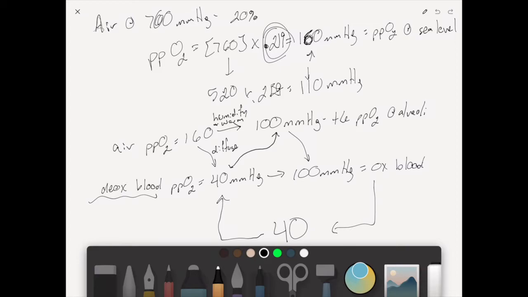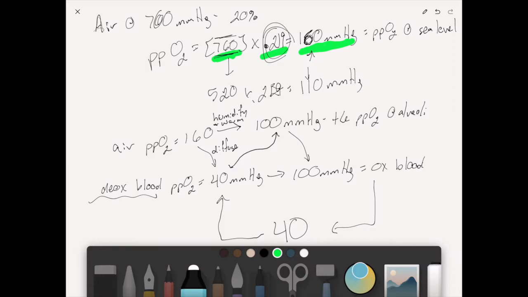That's basically the air pressure, right here in bright green, times the percentage of the gas in the air. Ambient air is about 21% oxygen. I don't know what it is, 21.3, 21.9% oxygen. And that gives you around 160 millimeters of mercury as the partial pressure of oxygen at sea level.